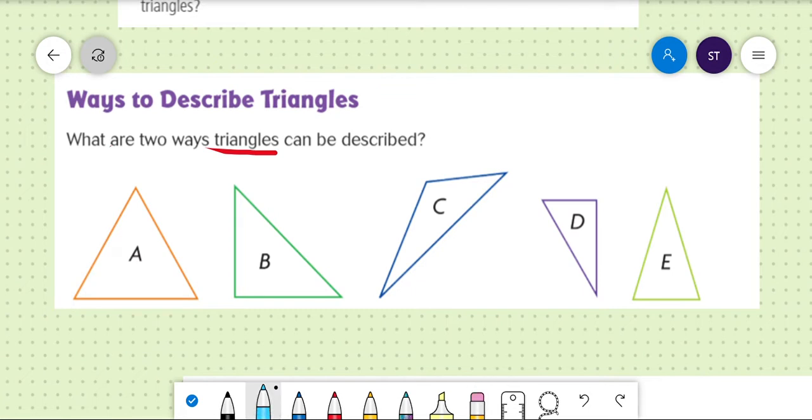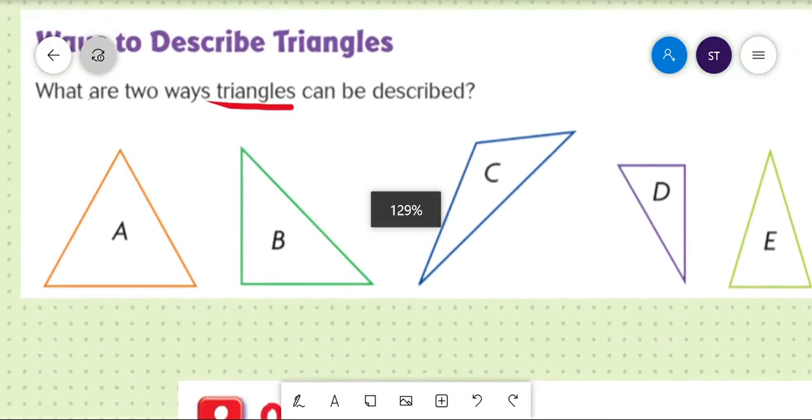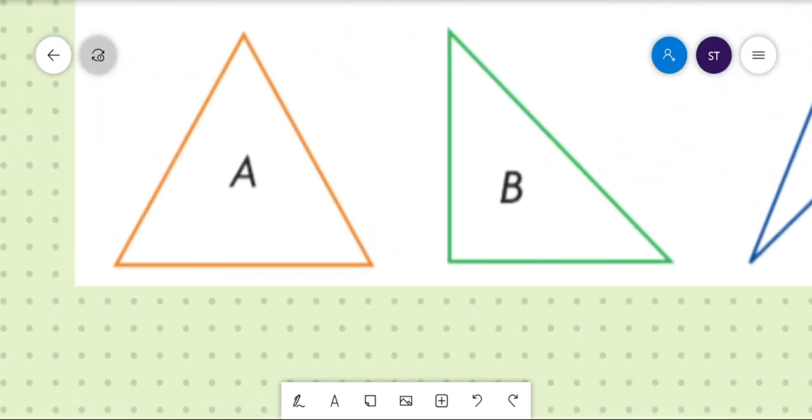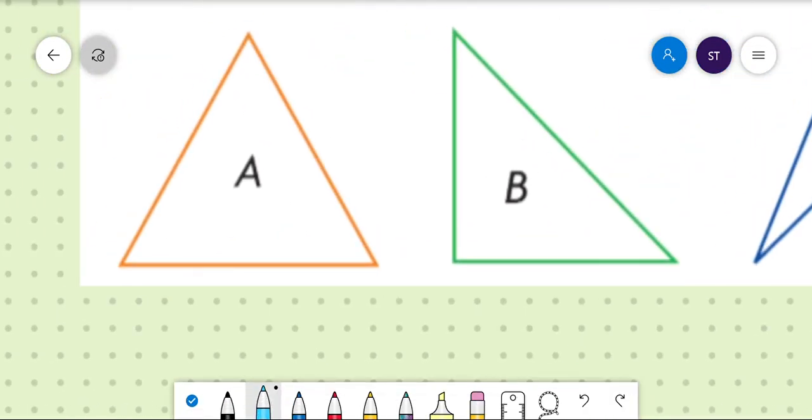Well, if I look here in triangle A, I can see that the angles on triangle A are all smaller than a right angle. Remember, a right angle would make a perfect corner, so it would start here and go all the way up here. That would be a right angle.